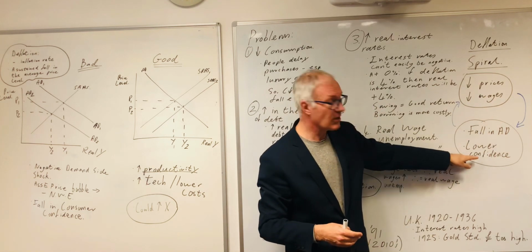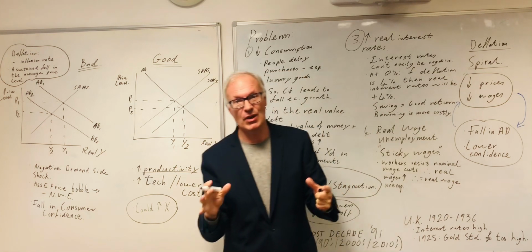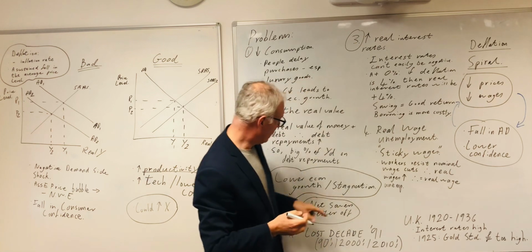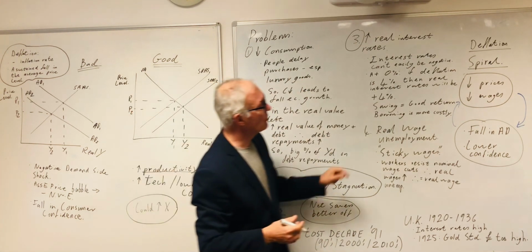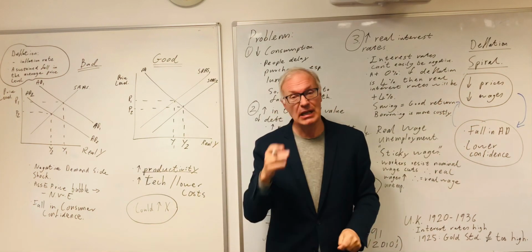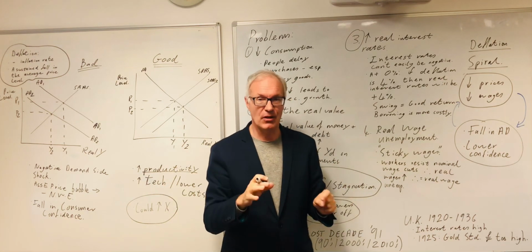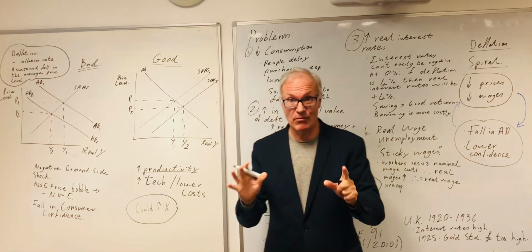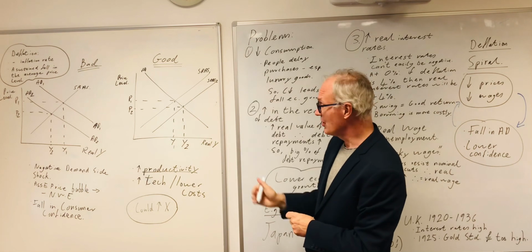And of course, the fall in aggregate demand will be coupled with lower consumer and business confidence as the economy is in stagnant growth. So it's this deflationary spiral that many governments, policymakers and central bankers are concerned about. And therefore, they really make an effort to avoid a deflationary situation.